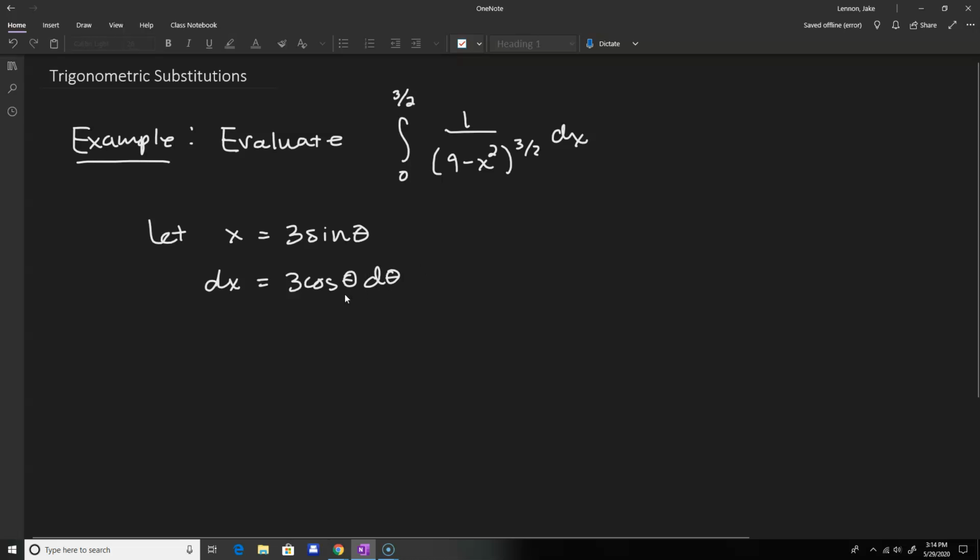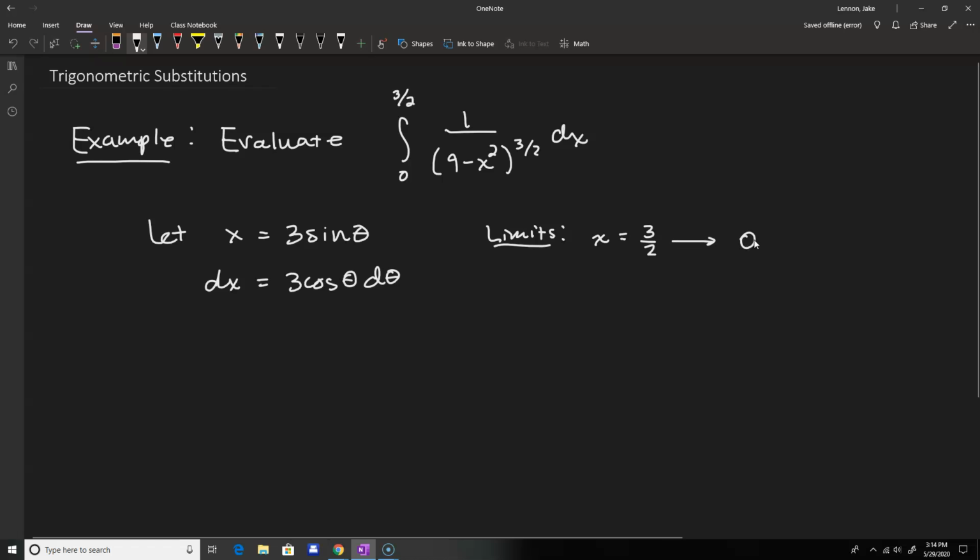So then we can transform our integral. We also have to look at our limits, changing those over. These are x values, 0 and 3 over 2. I'll leave that to you to finish those. But anyway, we can see x equals 3 over 2 is going to correspond to theta equals pi over 6, and x equals 0 will also correspond to theta equals 0.